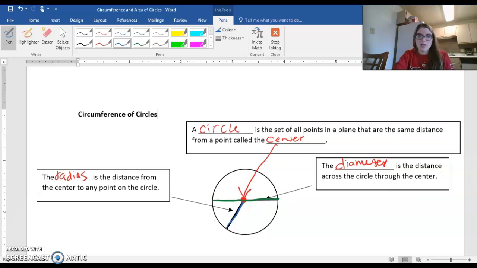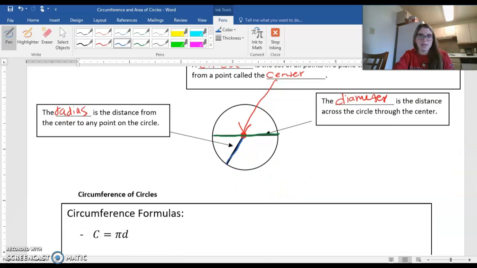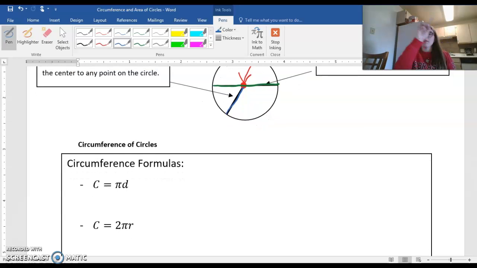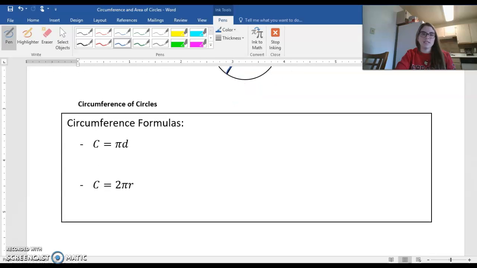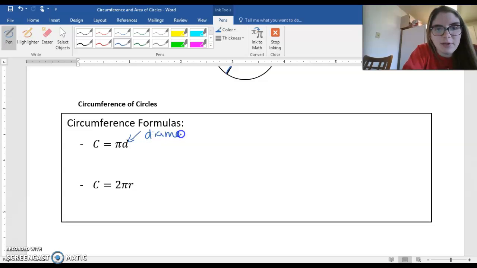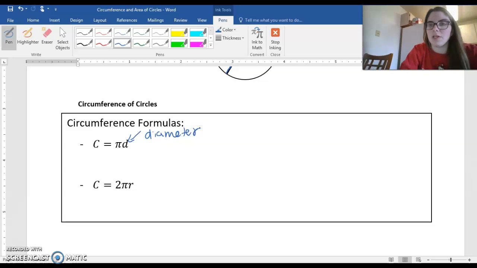So on the next part, the formula for the circumference. The circumference is the measurement all the way around the circle. And so the circumference is C equals pi d. So this right here is when they give us the diameter. That's when we're going to use that.